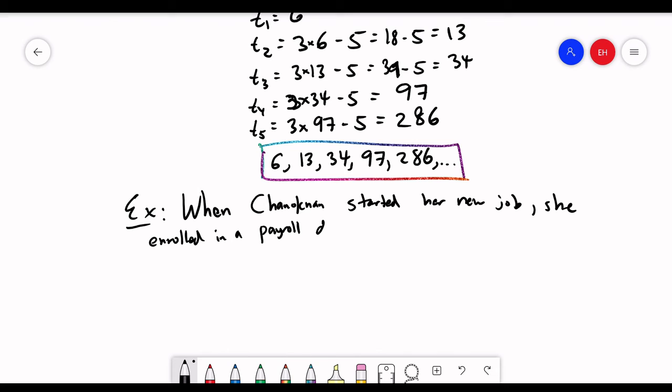You can do that through something called a payroll deduction plan, and the idea is part of your salary just automatically gets put in a savings account, so you're not tempted to spend it, right?